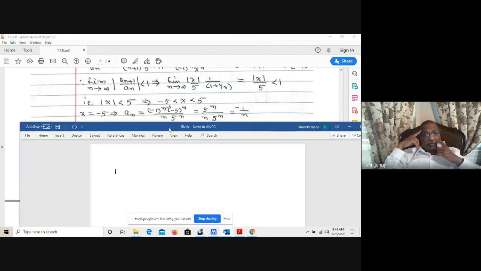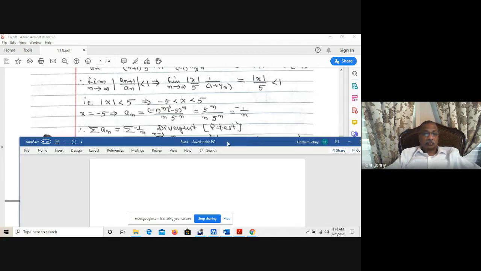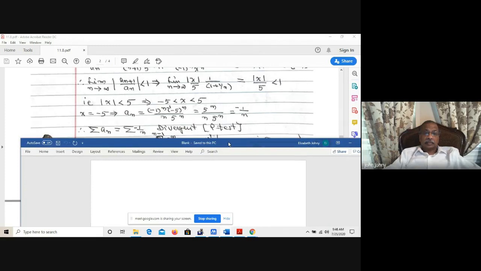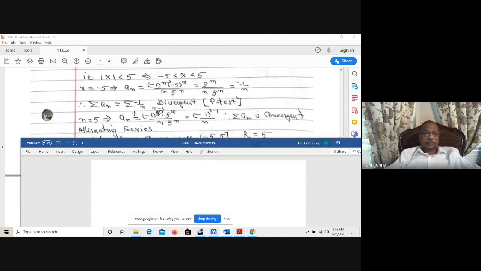Of course, the negative sign is missing here. It is negative 1 over n. 5 to the n cancels. So that is negative 1 over n. That series is divergent because of the p-test. 1 over n means n to the 1, p is equal to 1. So by the p-test, that series is divergent.